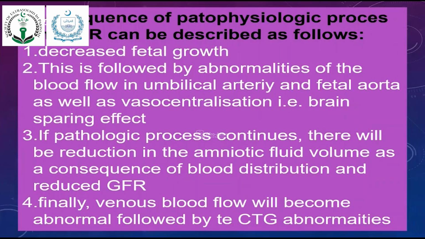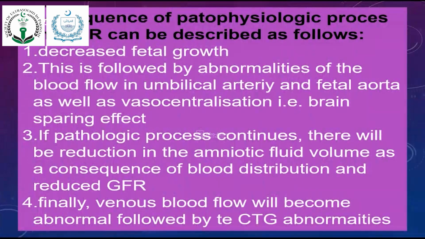The sequence of the pathophysiologic process in IUGR can be described as follows. Number one is decreased fetal growth. This is followed by abnormalities of the blood flow in the umbilical artery and fetal aorta, as well as vasocentralization, that is the brain sparing effect.